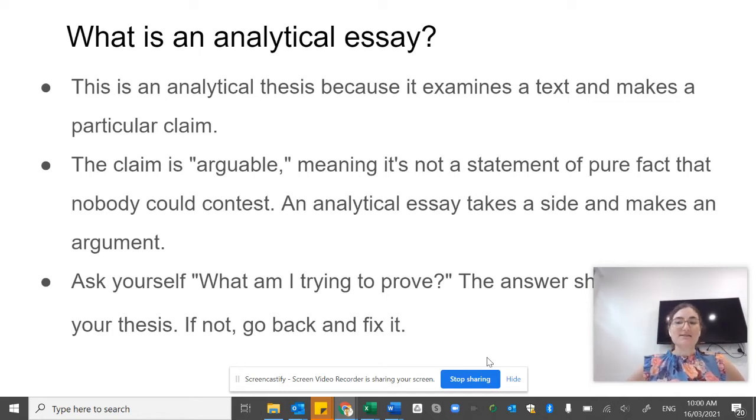Now, this is an analytical essay, which means that you actually have to use the evidence to back up your point. It's not persuasive. So I don't want you to use any persuasive techniques, no rhetorical questions, no emotive language, because you're not trying to persuade somebody of something. You're analyzing the evidence.